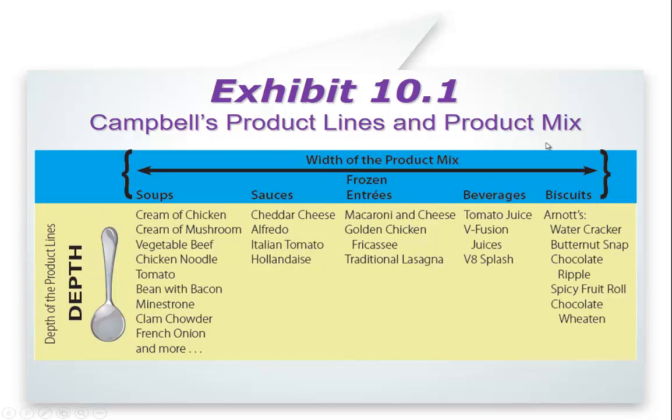The collection of everything here is the product mix or product portfolio. So product depth is the number of different product items in a single line, and product mix width is the number of different product lines in an umbrella brand, which is Campbell here.